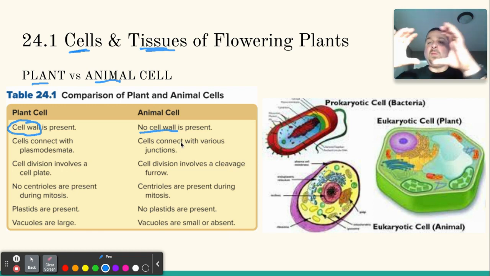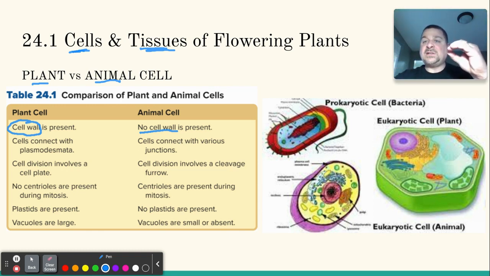Because they have a cell wall, they can't just pinch into two like cinching a belt, so they have to build a new cell wall between them. There's no centrioles. And they have plastids, one of the most famous being a chloroplast, where photosynthesis happens. And they usually have very large vacuoles. You'll often see a large central vacuole that's full of water, minerals, some pigments, and stuff like that.